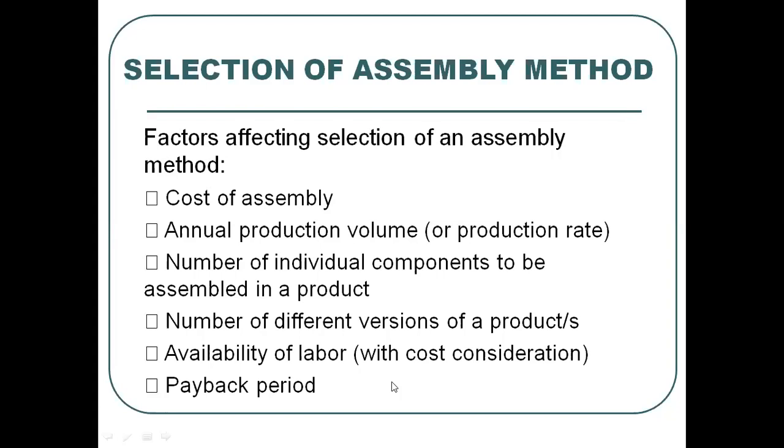So in countries where there are labor shortages, they'll go for automated method, right? The second and third category, automated and robotic. Payback period, the returns on investment. So this is also another factor to select.